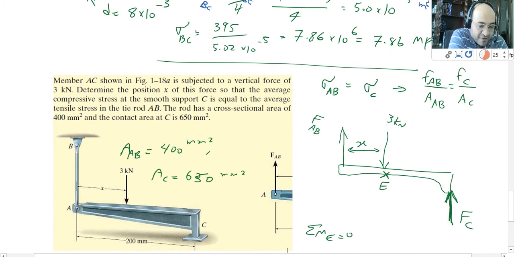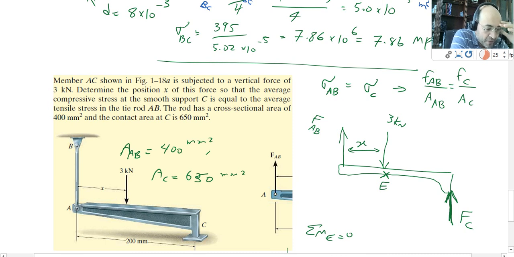So in the second example, I'm going to go a little bit more into calculation of forces, with a little bit of thinking of where to go. In this example, you can see I have a bar AB holding the vertical member AC. If we apply the force of 3 Newton there, I need to know how much force is applied in AB.